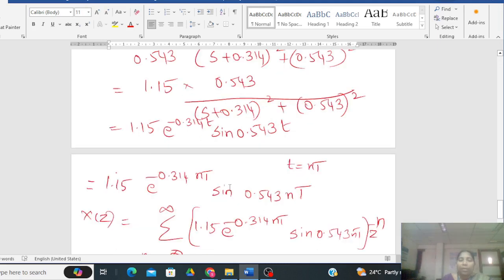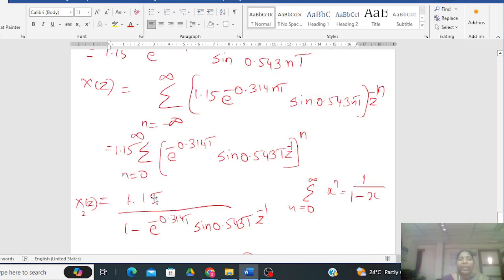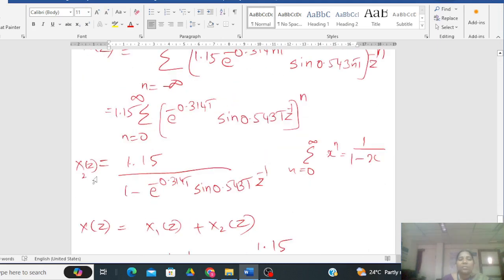0.543 t. Now if you solve this equation, the sine of 0.543 t in the Z transform you will be getting like this. So when you solve this, it is 1.15 divided by 1 minus e power minus 0.314 t sine of 0.543 z inverse.